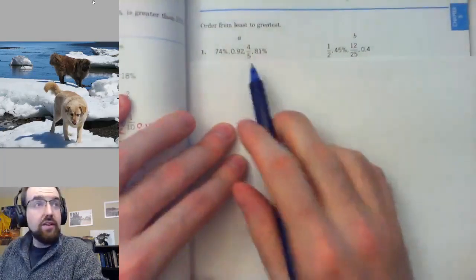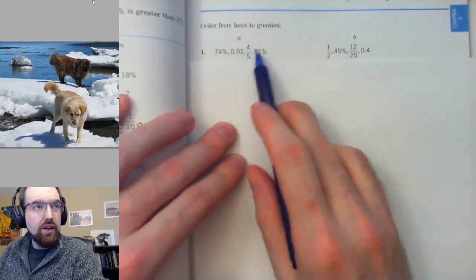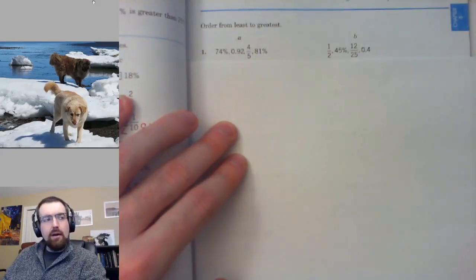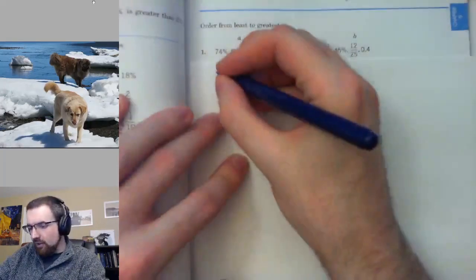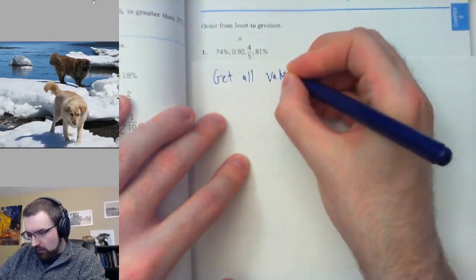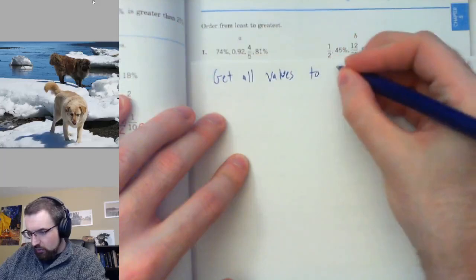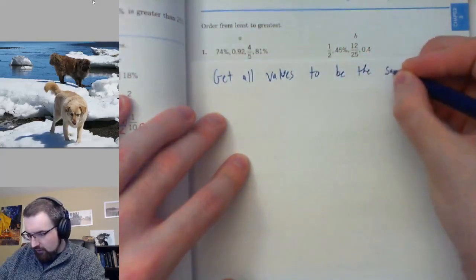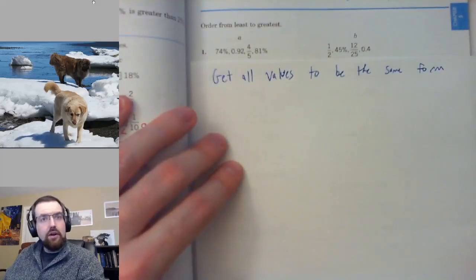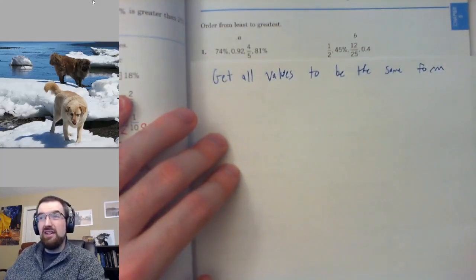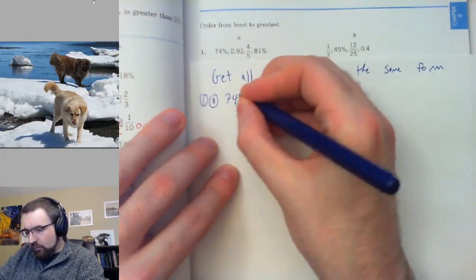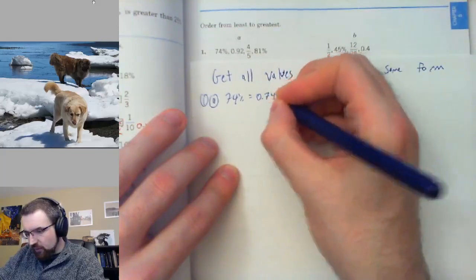So order from least to greatest, right? 74%, 0.92, 4 over 5, and 81%. My recommendation here is to get all values to be the same form. So here now I'm going to convert all of them to be decimals, I think, right? So for question 1a, 74% equals 0.74.